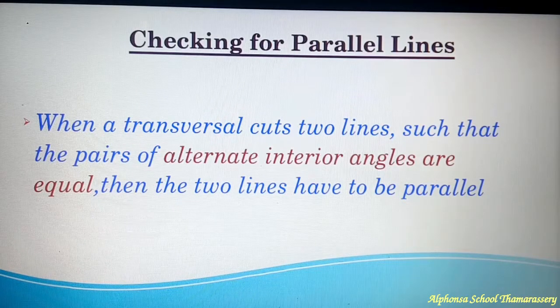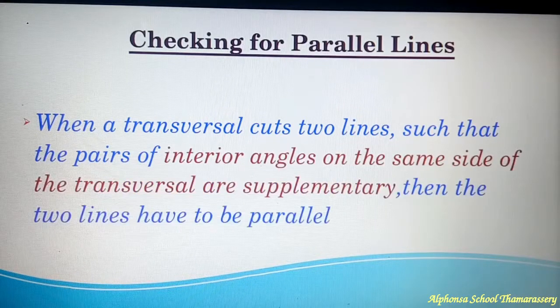Second one, when a transversal cuts two lines such that the pair of alternate interior angles are equal, then the two lines have to be parallel. And the third one, when a transversal cuts two lines such that the pair of interior angles on the same side of the transversal are supplementary, then the two lines have to be parallel.